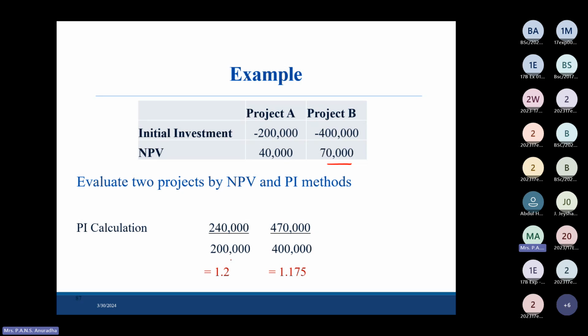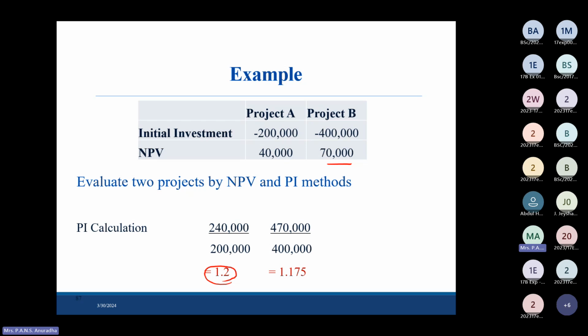Project A, because the relative increase of wealth for this project is high. If you invest 1, the wealth increases by 0.2. But for project B, if you invest 1 rupee, the wealth increases by 0.17. So now there is a disagreement.